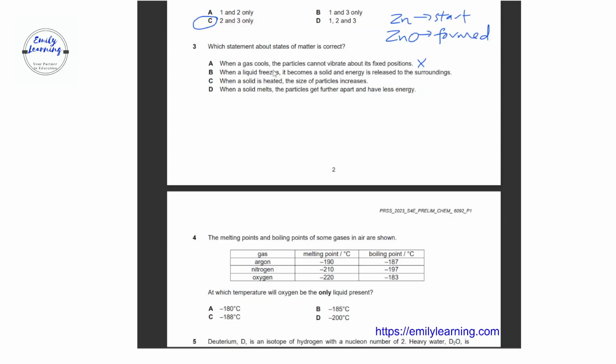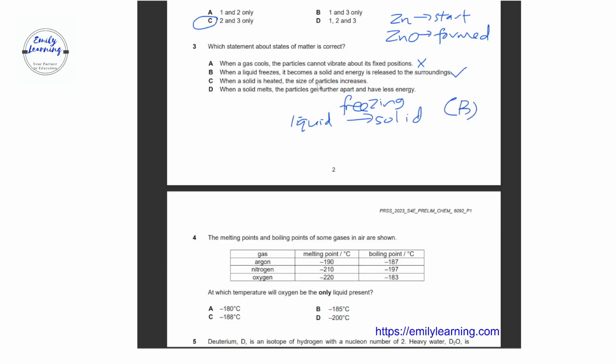When a liquid freezes, it becomes a solid and energy is released to the surroundings. Yes, this is true. Liquid to solid is called freezing, and freezing is an exothermic process, so energy is released to the surroundings. So B is the answer.